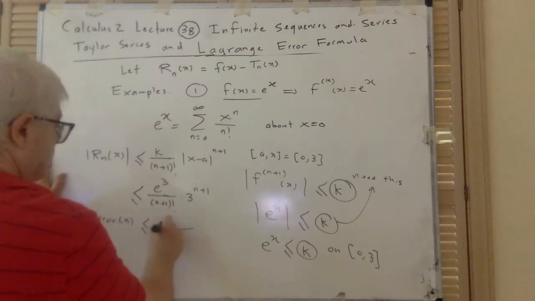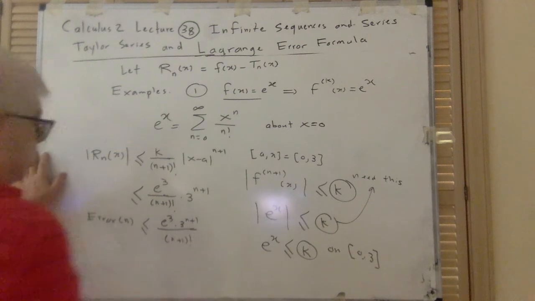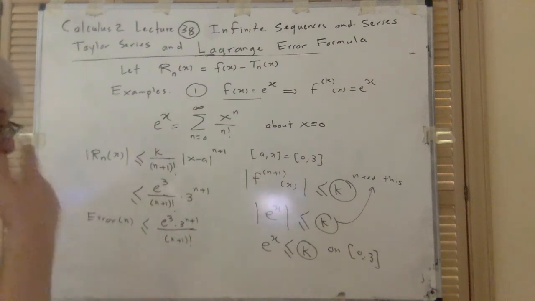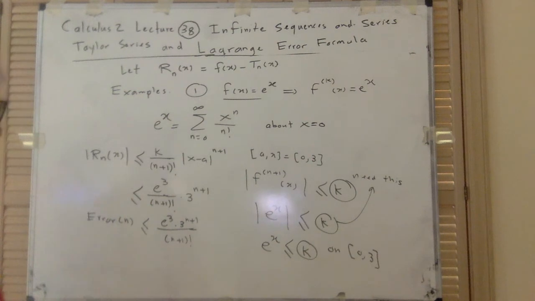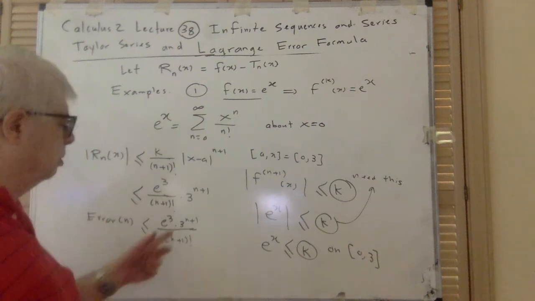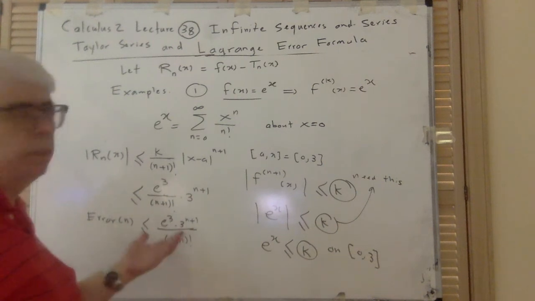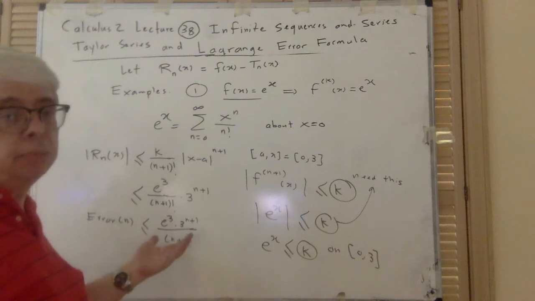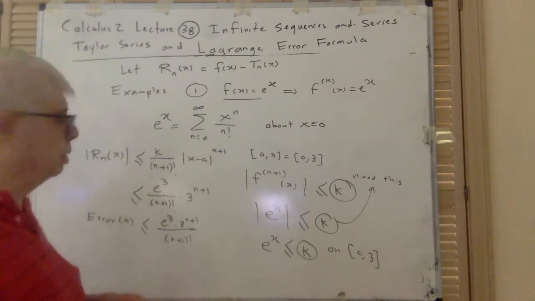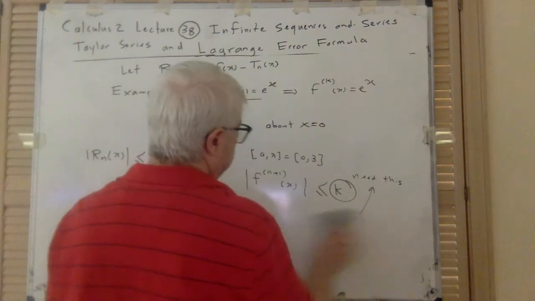So how should I write this? e to the power 3 times 3 to the power n plus 1 over n plus 1 factorial. But e to the power 3 is just a fixed number. So this decides how big or how small this can be, because e to the power 3 is simply a fixed number here.